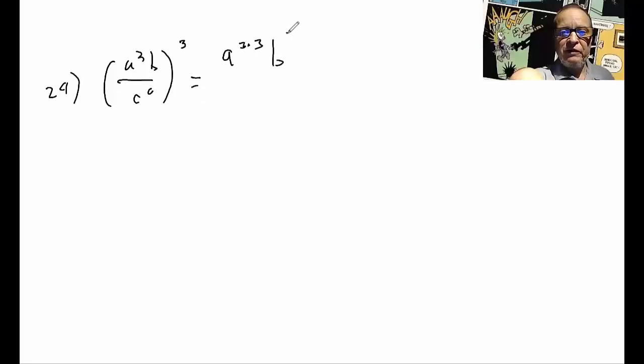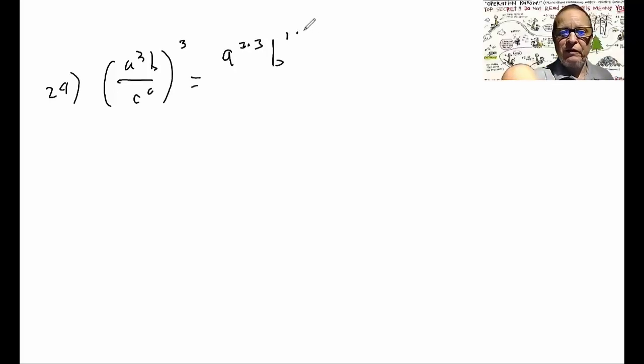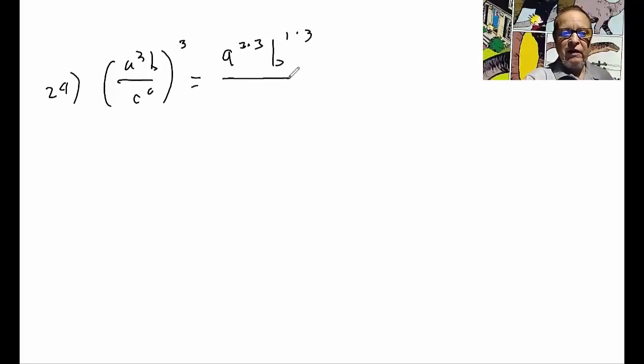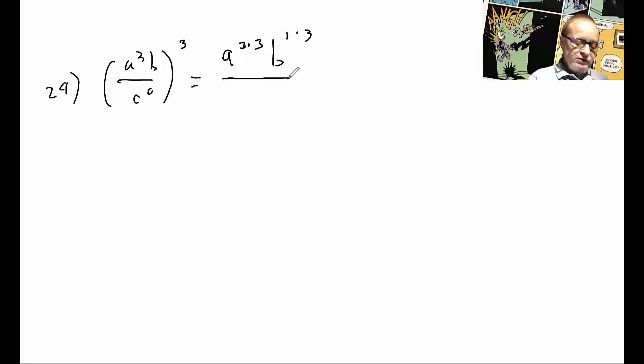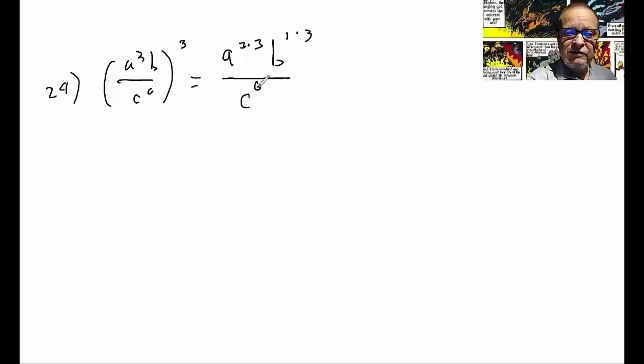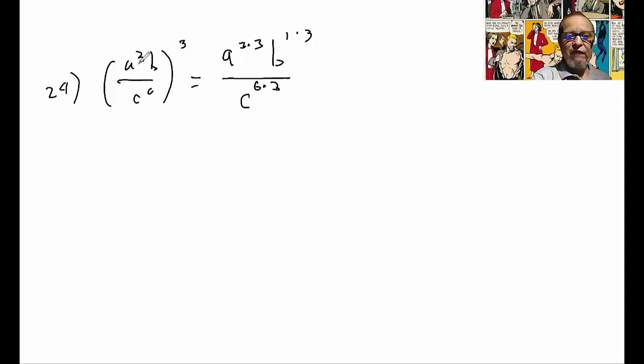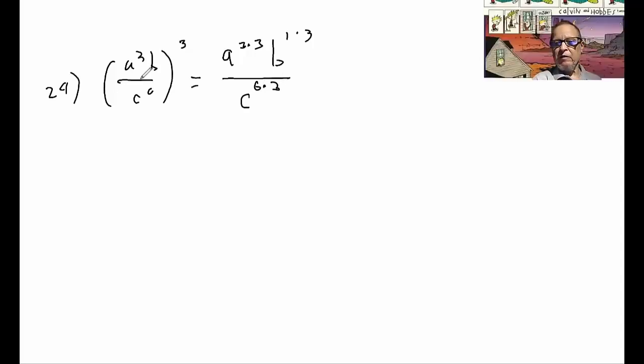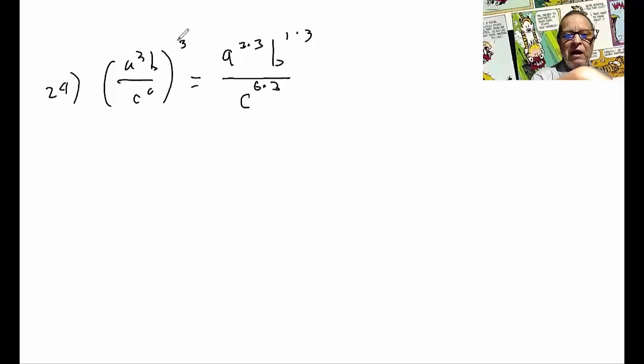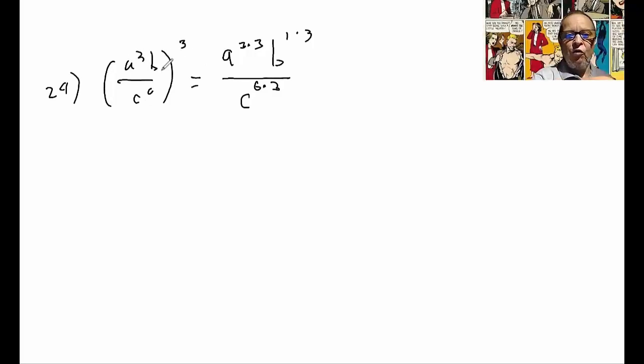B, well, since b is to the first power, it's going to be 1 times 3. And then finally, c, 6 times 3. So you have to do it to everything that's inside the bracket. So this power is affecting all of these.